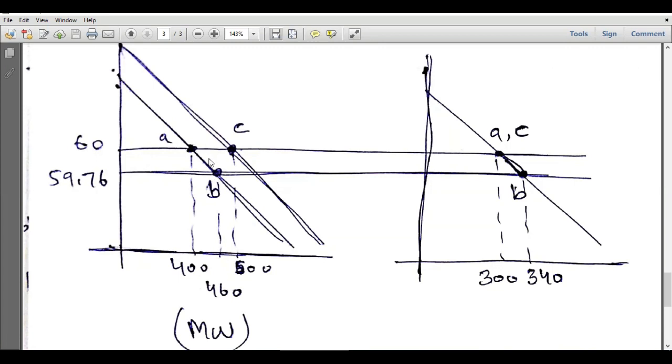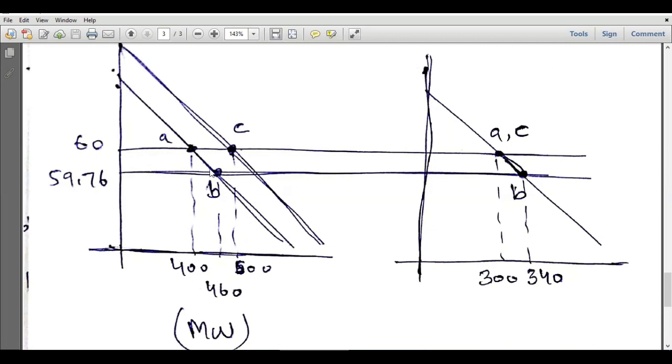So that droop curve would have shifted upwards, but that droop curve must have passed from this point, right? So the final generation of the first unit would be 460 megawatts, and final generation of the second unit would be 340 megawatts. So that would be the final movement or final adjustment of the operating points in that case, if both the units are applying the supplementary control.